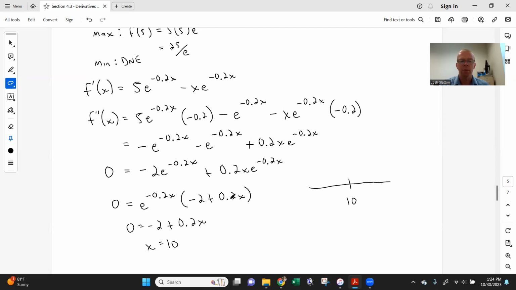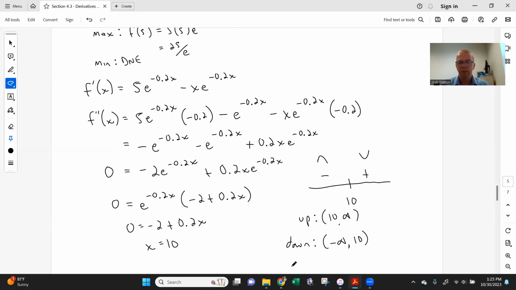And so we're going up like that. So it's going to be negative until we get to the 10. It's going to be positive after the 10. So concave down, concave up. So concave up from 10 to infinity, concave down from negative infinity to 10.